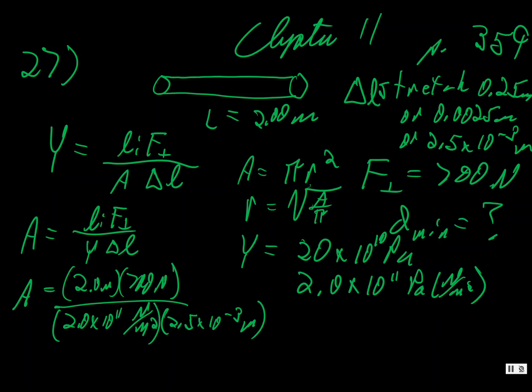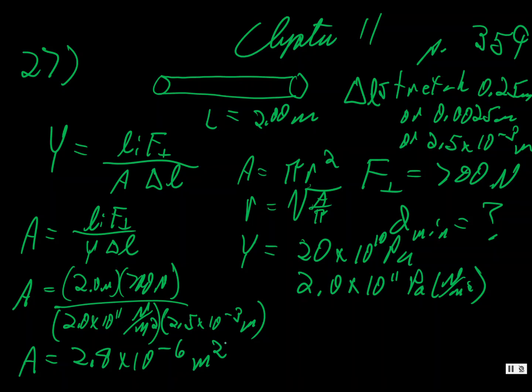Okay? And so we get an area of what? Well, our area is 2.8 times 10 to the negative 6 meters squared. We could call that micro.